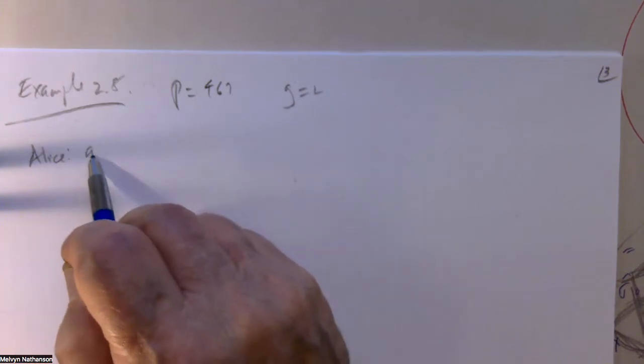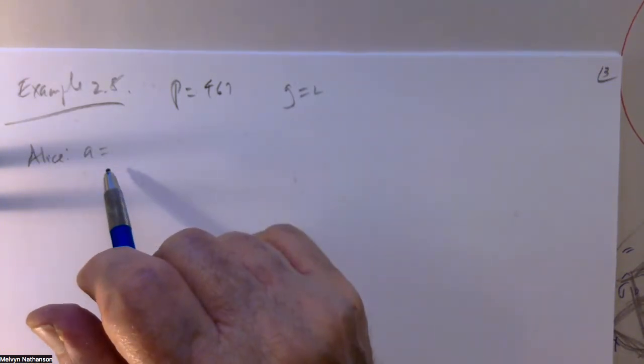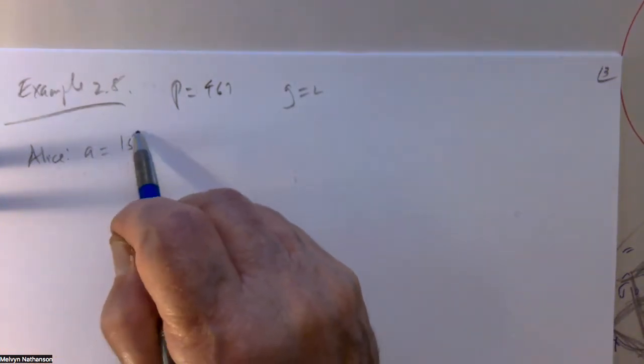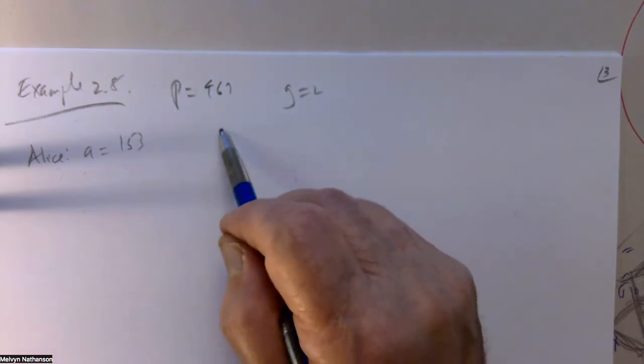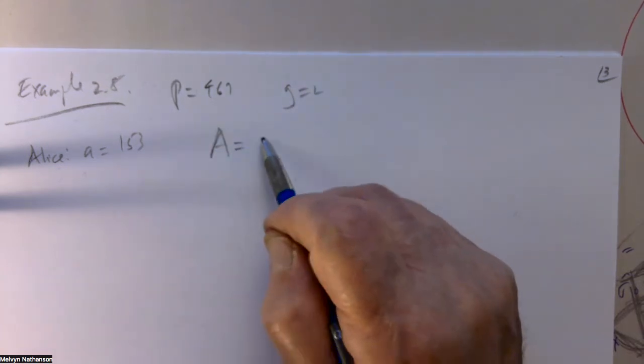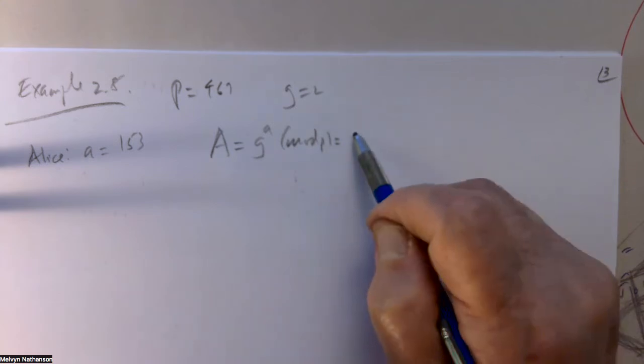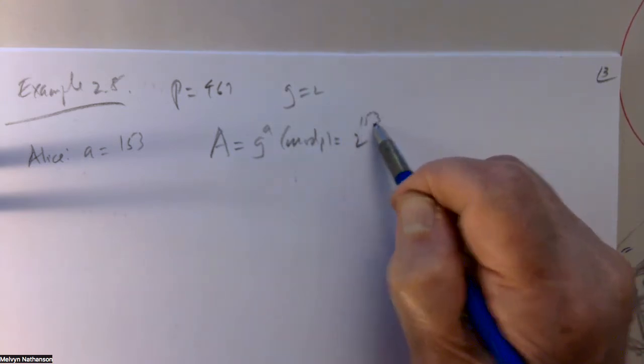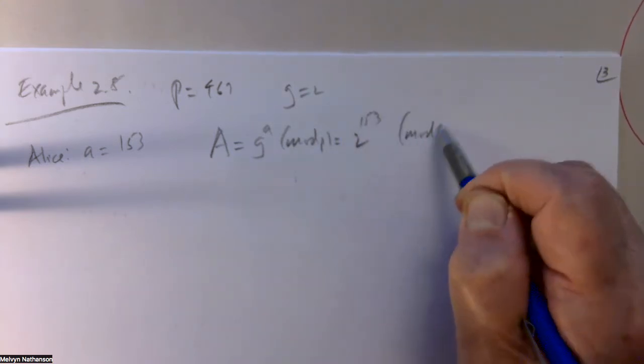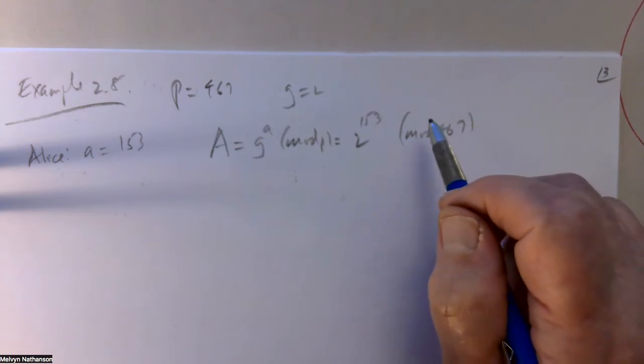So Alice chooses for her secret number little a to be 153. So the number she publishes is going to be G to the A mod P. That's 2 to the 153rd power mod 467.